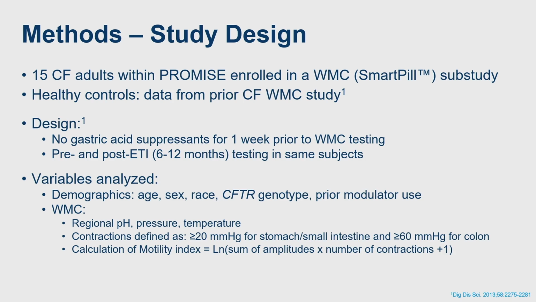And these subjects were on ETI for about 6 to 12 months. It was actually longer than initially anticipated, but because of COVID and our ability to do these repeat testing, it actually ended up being on longer than originally planned. But I'm not sure that's a bad thing. I think it actually probably helps us a little bit.